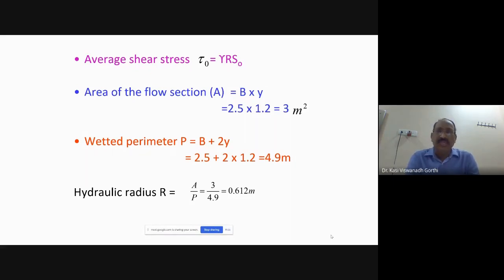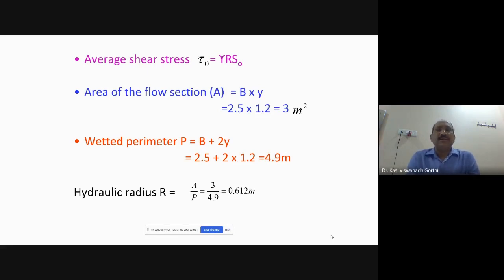S naught otherwise would be equal to the slope of the channel bed. If the flow is non-uniform, that would be different from the slope of the water surface, and also different from the slope of the total energy line. But since we are considering the analysis of the uniform flow, all are equal. So sometimes we use S naught, or sometimes only capital S. Both mean the same. There is no difference.